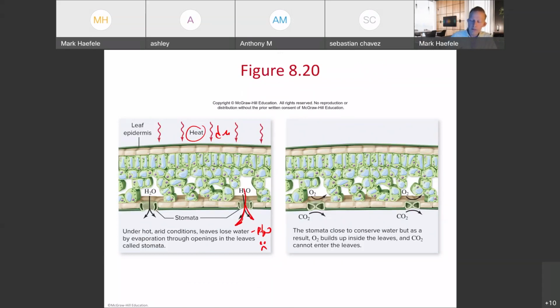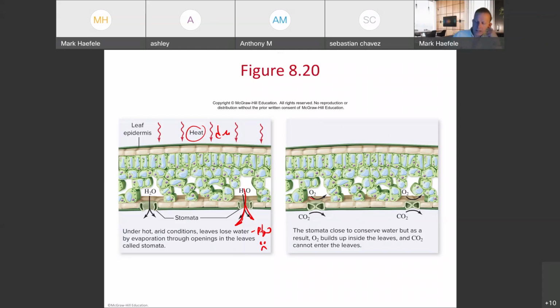The problem is you lose your CO2 and you get oxygen buildup. And so in this particular case, this is going to create the photorespiration scenario. So this reduces over time the efficiency of photosynthesis and will eventually shut it down because rubisco will progressively more and more bind oxygen because oxygen is what's around. So you can see how it's a bit of a problem.